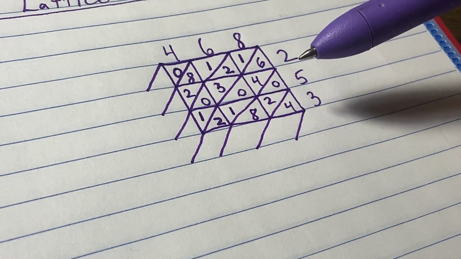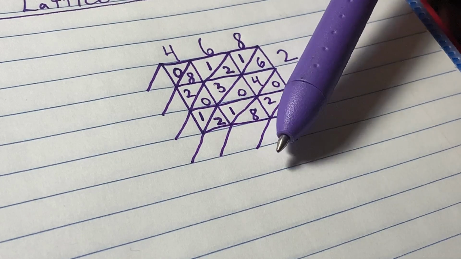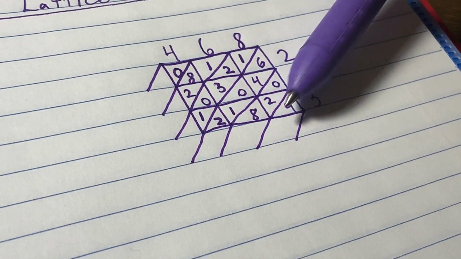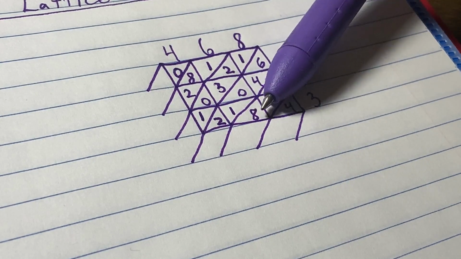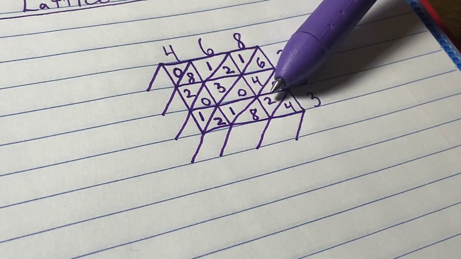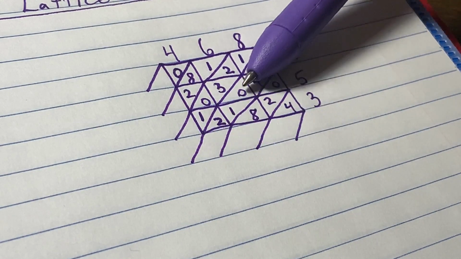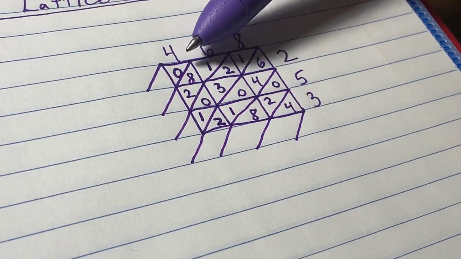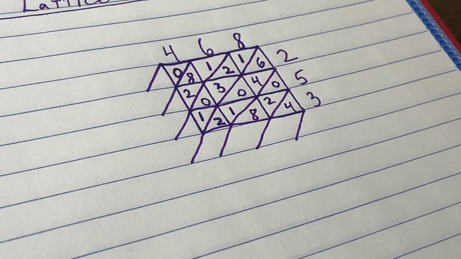We add the digits in the diagonal columns. Notice you have a diagonal column here where the 4 is, and then a diagonal column here, the 0, 2, 8, and then here, the 6, 4, 0, 1, 2, and then here, and here, and here. These are all diagonal columns. We're going to add the digits in each diagonal column.